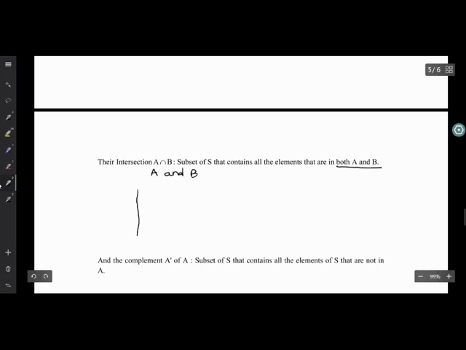That is the area where you contain elements in both A and B. So here's our sample space, the circle for A, circle for B. And if you color the overlapping area, that is the intersection. So this area is the intersection of A and B.